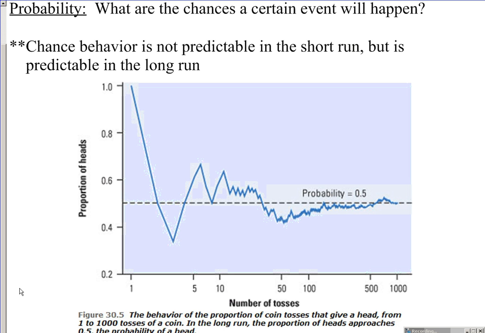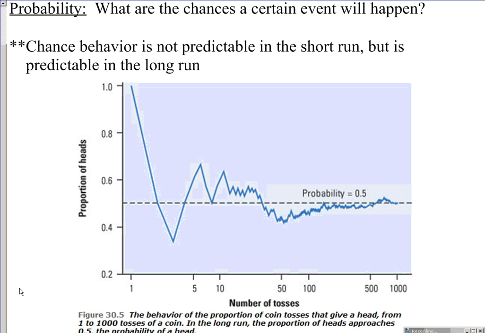So in this case, if our proportion is 0.5, that means half the time it's coming up heads. We can see in the short run here, up through 10 tosses, sometimes the proportion is quite a bit less than 0.5. Sometimes it is more than 0.5. But we can see as the number of tosses increase, we get closer and closer and closer to that line of 0.5, meaning that it's heads half the time, tails half the time.